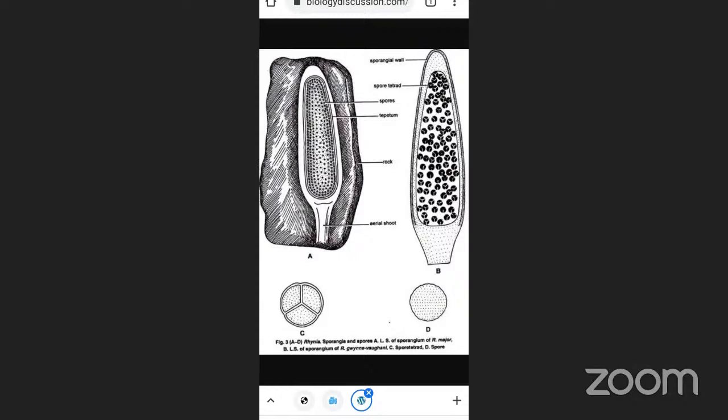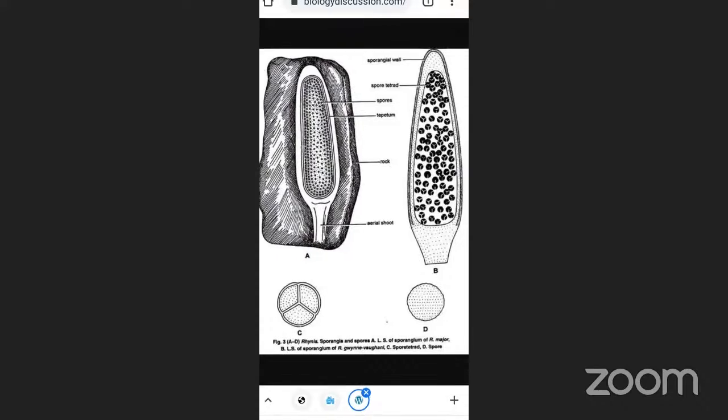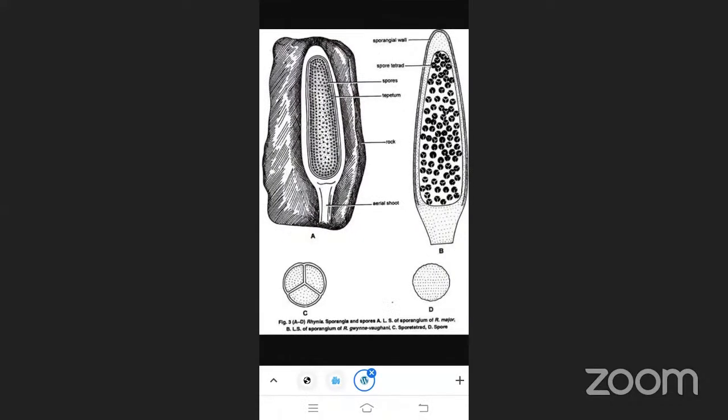The presence of spore tetrads suggests there was a meiotic division during the formation of the spores. Spore mother cells undergo meiosis to form the spore tetrad. This leads to the conclusion that the sporophyte was diploid in constitution. The sporangia were indehiscent and lacked any special device of dehiscence.